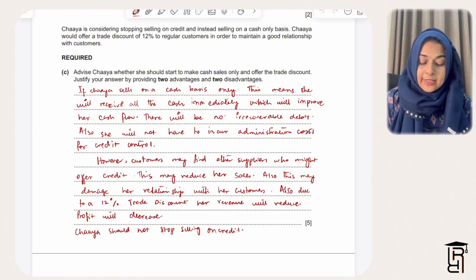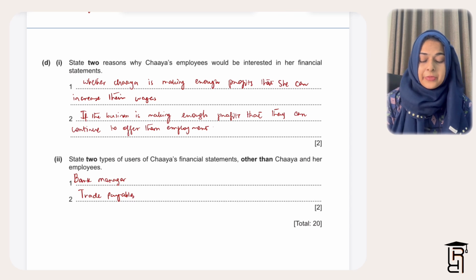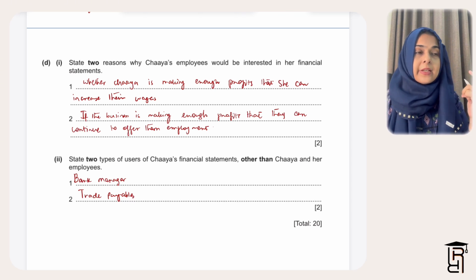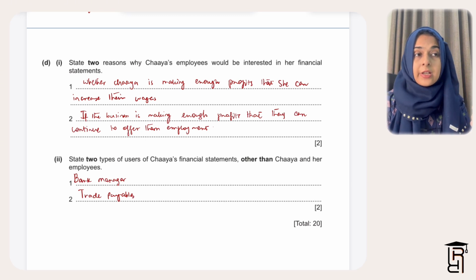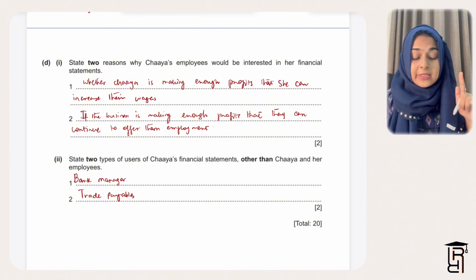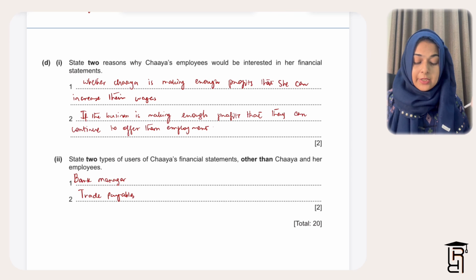In the next part, they are saying state two reasons why Chaya's employees would be interested in her financial statements. There are interested parties like government, employees, customers, trade payables, bank manager. All of these are interested parties. There can be more interested parties as well. We call them stakeholders in business studies. Here you need to write whether Chaya is making enough profits that she can increase their wages.